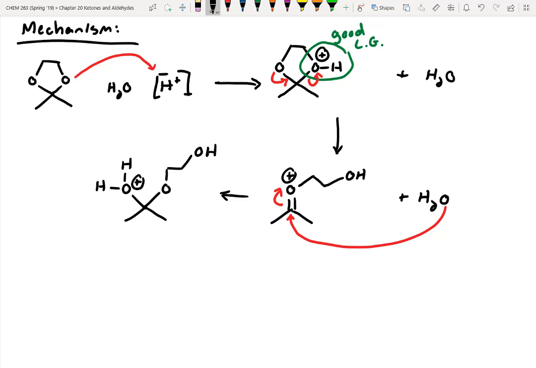So now we've got our water added in. That looks pretty good to me. Kind of thinking backwards though, we want to ultimately try to get rid of this entire group, but it's not a very good leaving group. What should we do in our next step?